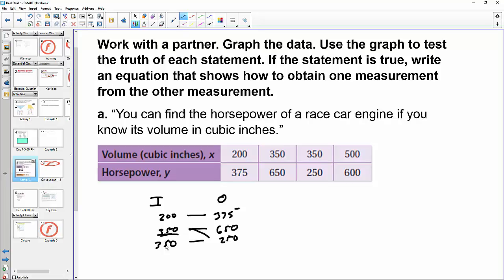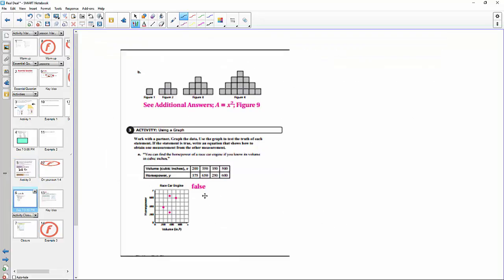The point is I already had it once, right? So I can't have it twice, and this has 2 different outputs, so this is not a function. It doesn't work. So we go through here, and that's what it's showing, that it's a false statement.